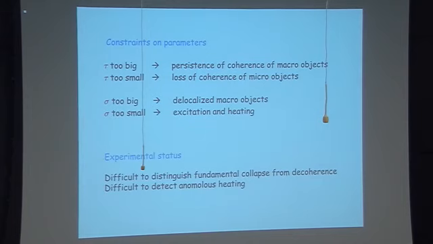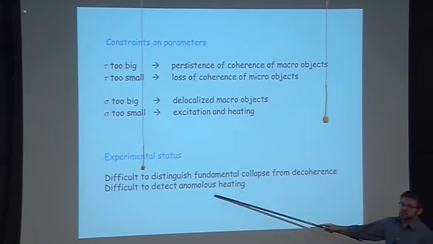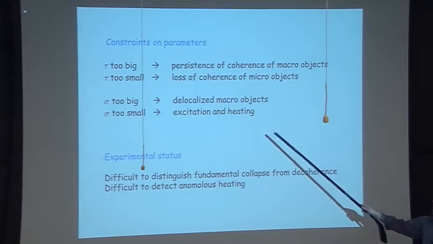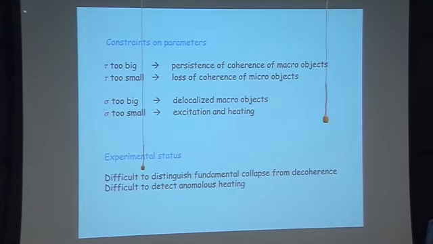All right. So if you ask, well, what is the experimental status of these sorts of models? It's a difficult thing to test these models versus just unitary dynamics. And the main reason is, well, this anomalous heating I just mentioned is hard to detect because it's an extremely small effect in the models that have been proposed.